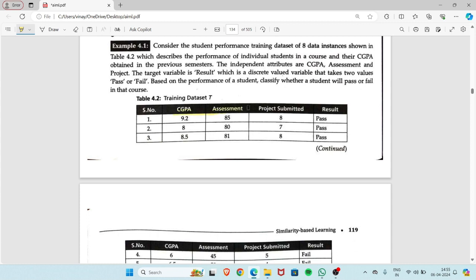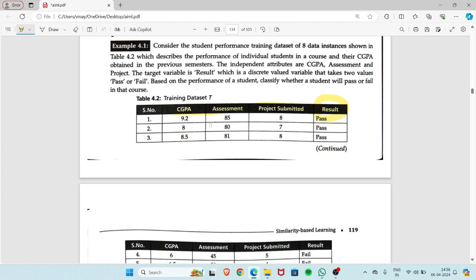Why are these called independent attributes? Because they are not dependent on anything. The result is a dependent attribute, or a derived attribute, because based on CGPA, assessment and project submitted, either the person will pass or fail. So result is a dependent attribute.